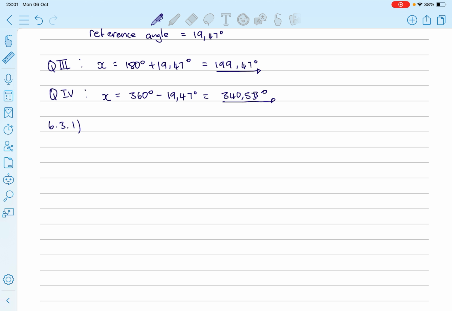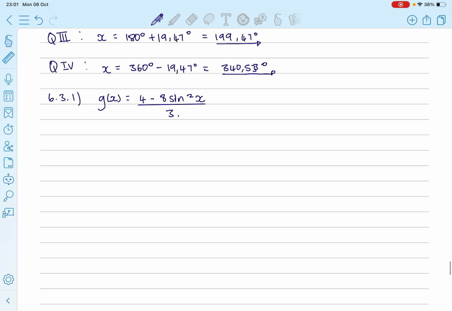6.3.1. So g of x is equal to 4 minus 8 sine squared x, everything divided by 3. Okay, so the double angle equation is 1 minus 2 sine squared x. That means that for us to end up with this, we would have factored out 4.